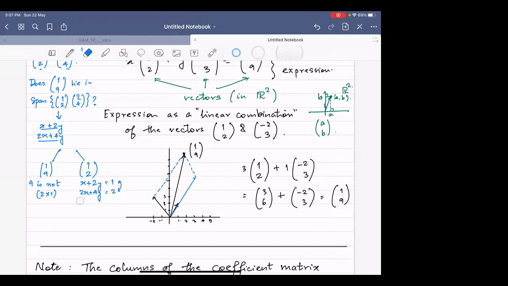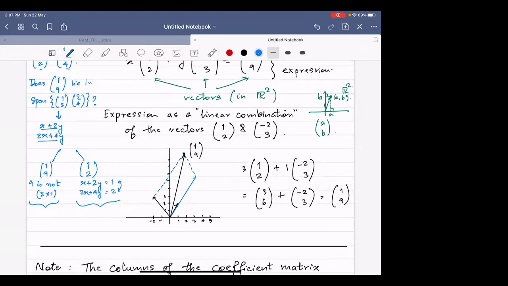Here, the problem is that you are seeking two independent variables from one piece of information. That's the problem in the second case. In the first case, the column (1, 9) is not in the span of the columns of the coefficient matrix. So these are two kinds of problems that can occur. So basically, we'll have no solution in the first one and infinite solutions in the second one, right?